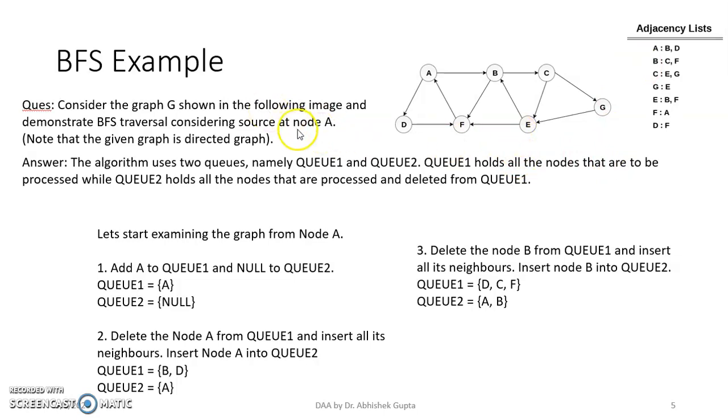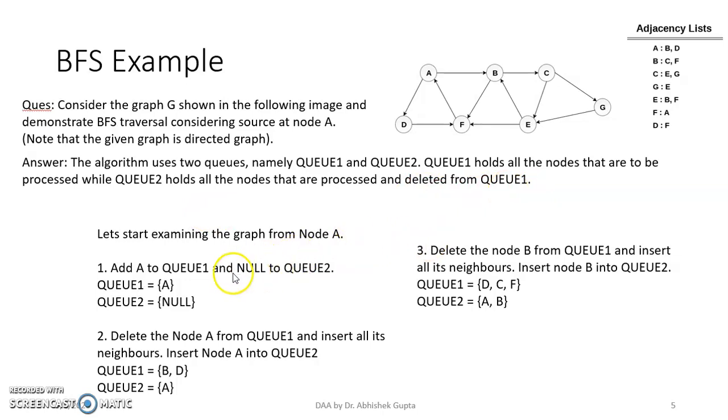So here we have to make a BFS, breadth first search. So in this example, we have taken Q1 and Q2. Q1 holds all the nodes that are to be processed, while Q2 holds all the nodes that are processed and deleted from Q1, right?